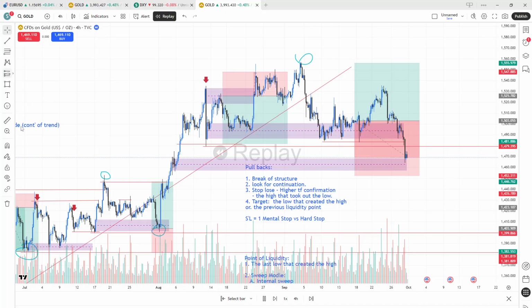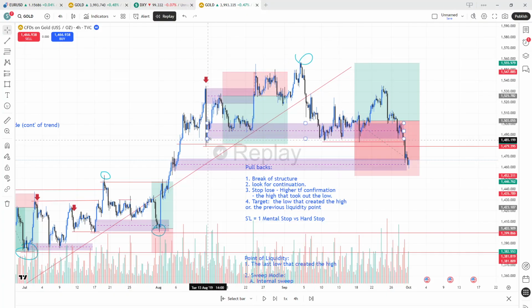Okay, hold on. Mind you that this trade failed us in the sense that the pullback is deeper than imagined, so we just have to take this L. Why? Because price did respect this area.